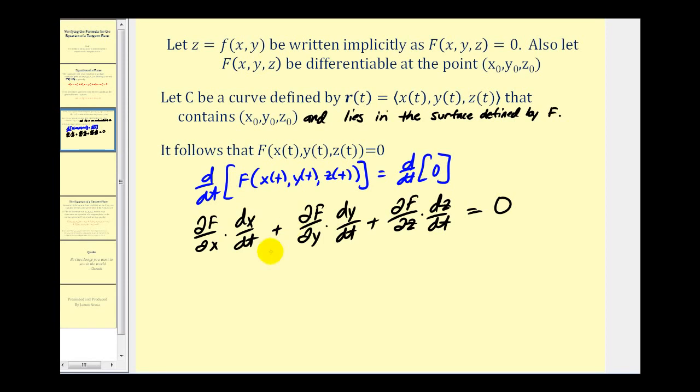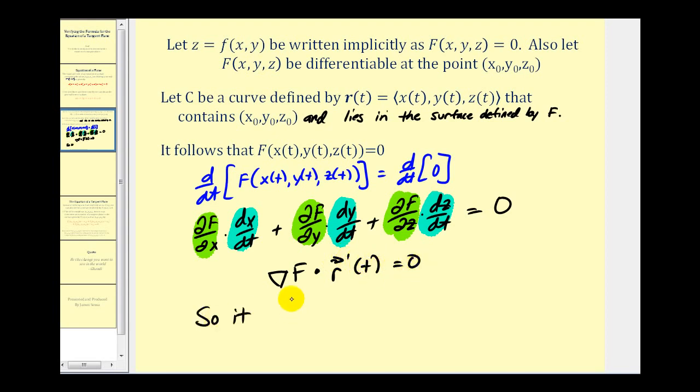Now let's take a close look at the left side of this equation. Here we have the partial derivatives of big F with respect to x, y, and z. And here we have dx/dt, dy/dt, and dz/dt, which are the derivatives of each component of r of t, which means the gradient of big F dotted with r prime of t would be equal to 0.